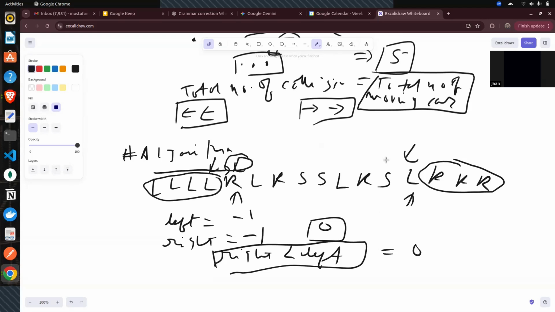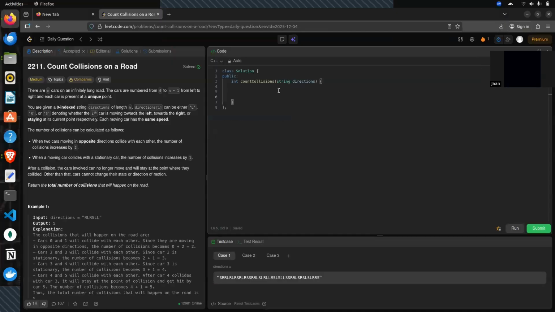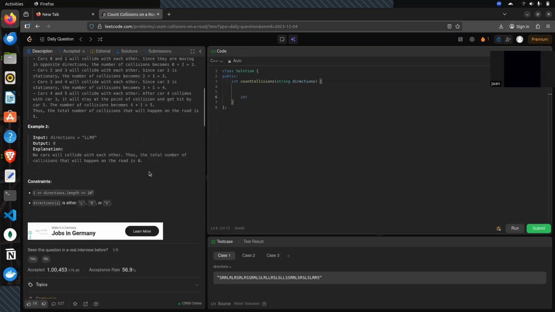So let's code it. We can see what the time complexity should be: the number of elements in the directions array is 1e5. So we can solve this question in one iteration, and the time complexity will be big O of n, which is feasible.